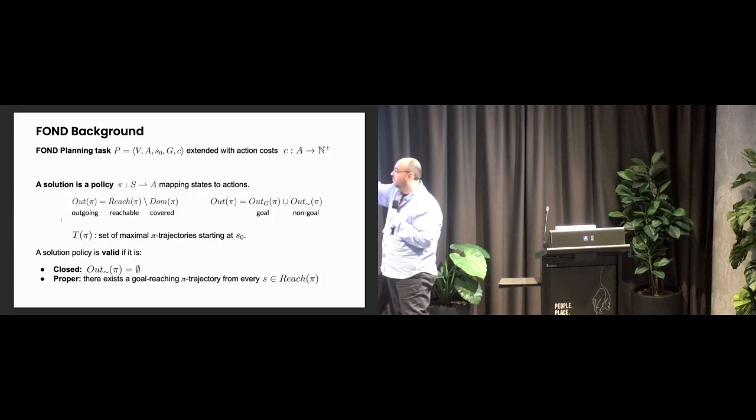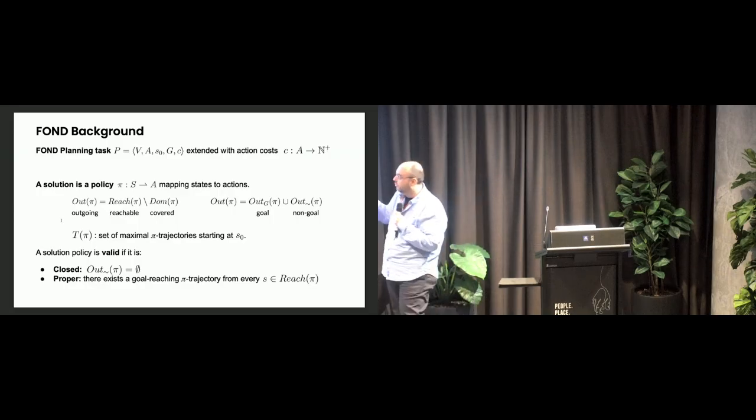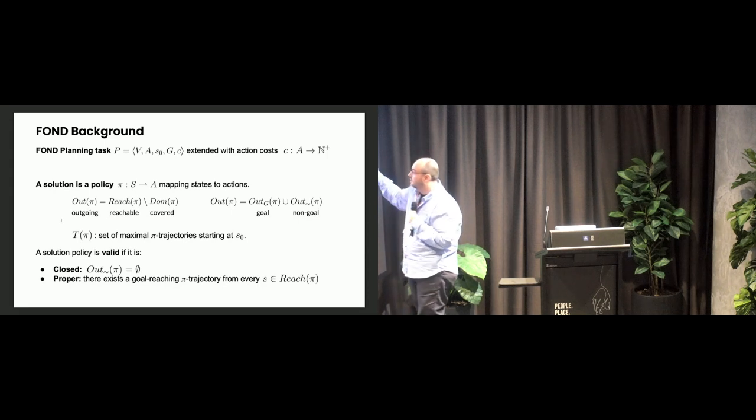Then regarding the policy, we need to keep in mind a couple of concepts because we will use them later for the algorithm. The first one are the outgoing states, which are states that you can reach when you execute the policy in the initial state, but that are not yet covered. So the policy has not assigned an action to them yet. And these outgoing states are partitioned into goal and non-goal states.